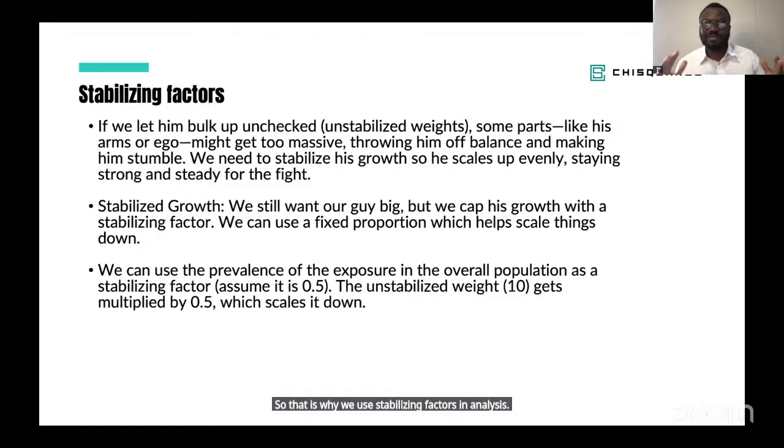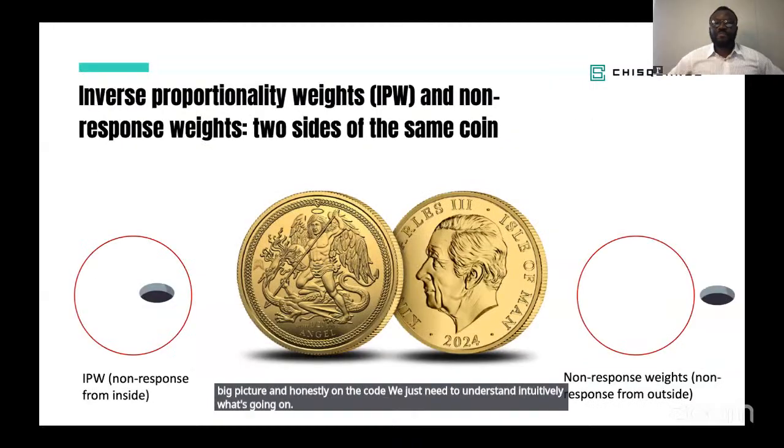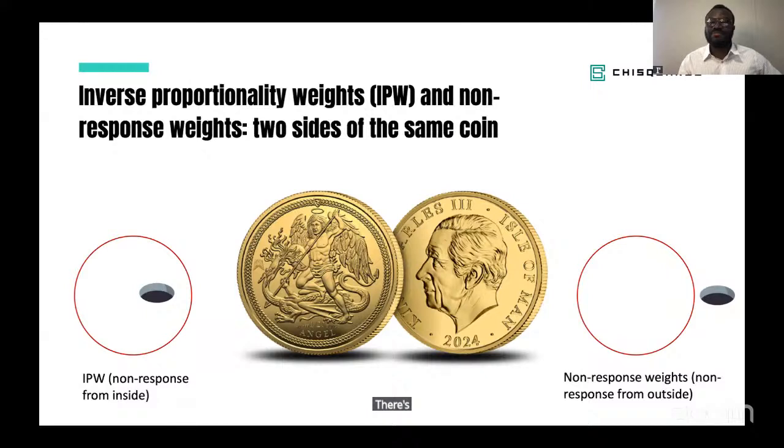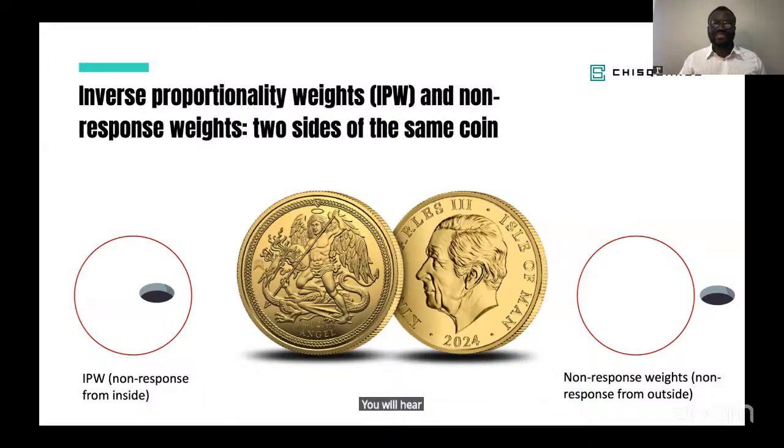Again, focusing on the big picture and not necessarily on the code. We just need to understand intuitively what's going on. Now, there's two very, very similar concepts we need to understand. That's IPW, which is inverse proportionality weight, and non-response weight. You will hear a lot about weight, that there are different types of weight.